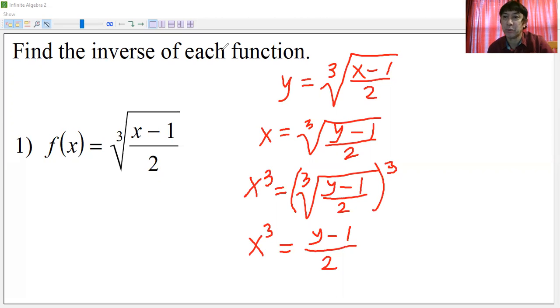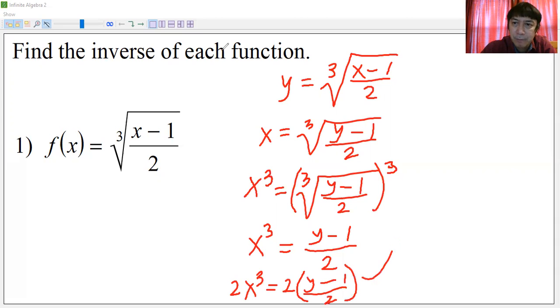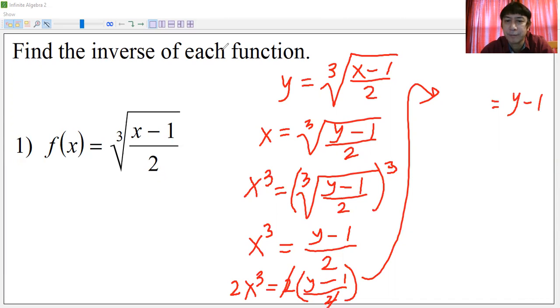Now, next thing to do is multiply both sides by 2. So we will have 2 times x cubed is equal to 2 times the quantity (y minus 1) over 2. And so this 2 cancels out with this 2, and the right side will become just y minus 1.